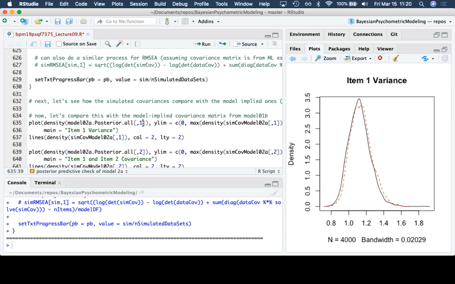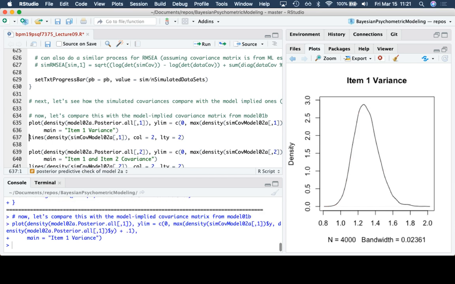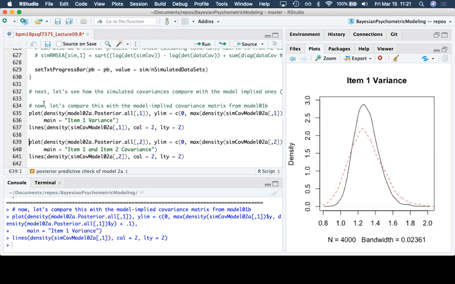So what am I doing differently? One is just taking the parameters that came from the chain and plotting them. One is taking the parameters from the chain, generating a data set, calculating the covariance, and plotting those. So this is going to compare what happens by looking at the data themselves. This is the plot of the posterior for item 1's variance from the chain, and this is the same thing from the posterior predictive check.